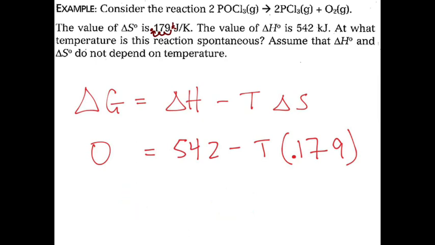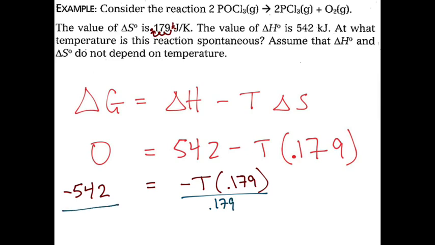So let's actually solve for T instead of just saying to solve for T. If I want to put the numbers in and solve for T, I'm in kilojoules, and I'm going to get my answer in Kelvin because the standard unit here is Kelvin. I'll subtract 542 from both sides. I'll get negative 542 equals negative T times 0.179. Let's divide both sides by 0.179. And then we'll get rid of that negative sign on both sides after that.